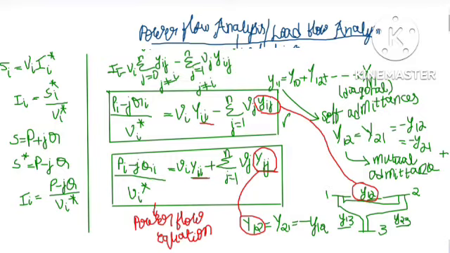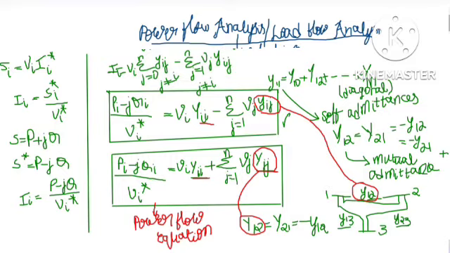This is actually why I say diagonal element. So this is self-admittance. What about off diagonal elements? We know off diagonal elements, how we will write.